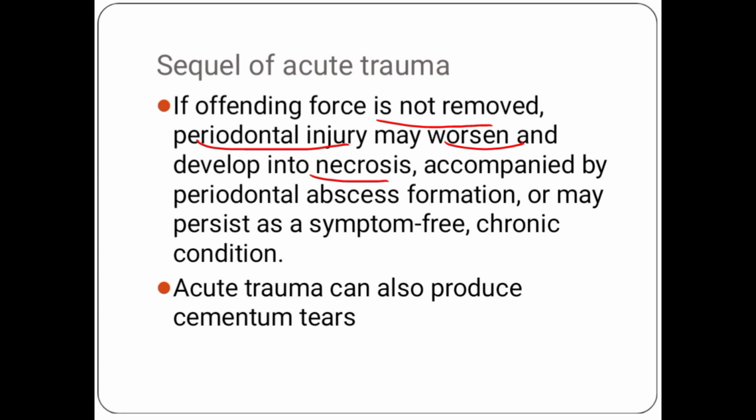Necrosis will occur, and when necrosis occurs there will be abscess formation, and when the abscess persists for a very long time, there will be symptom-free chronic conditions, meaning there will be no symptoms. Why? Because the tissue is necrosed, which used to cause pain. Now this is a chronic condition. Acute trauma also produces cementum tears, meaning the cementum is torn and detached.